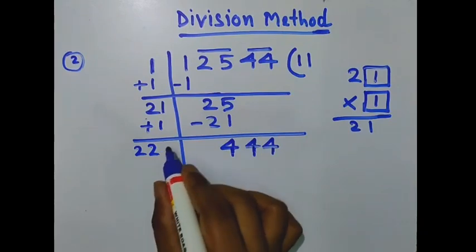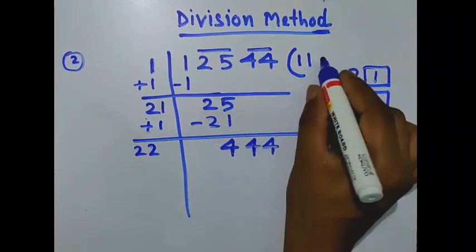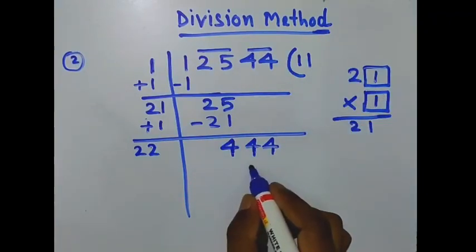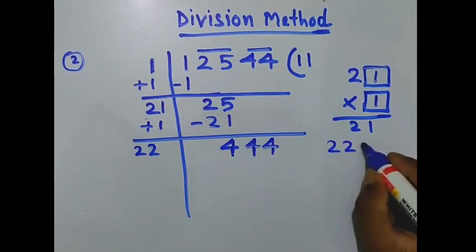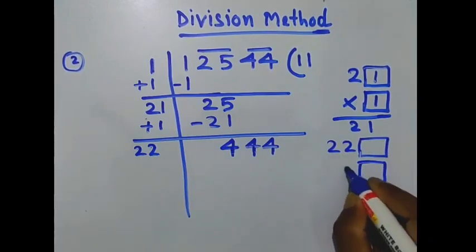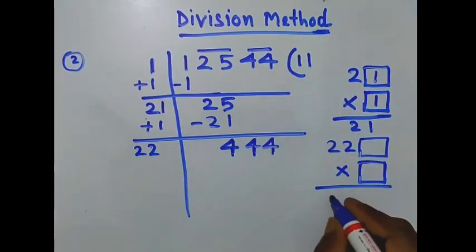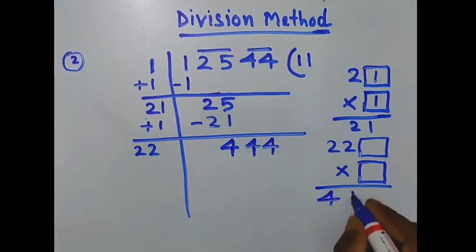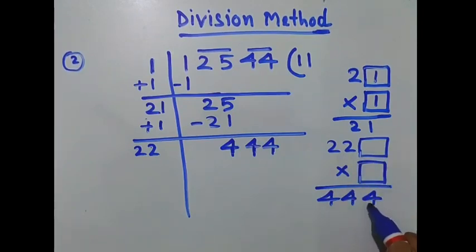So now what number you will multiply, you will add here, you will put here and multiply the same number to get 444. Let's think. So 2, 2, and what number should I put here and multiply the same to get, because this is the last number, so let's put it here, 4, 4, 4. So if I put 1 here, 1 times 221 will give us 221.